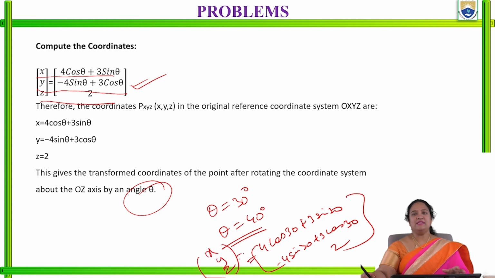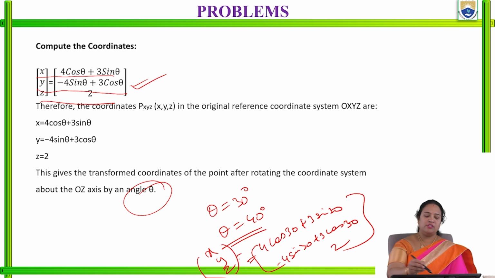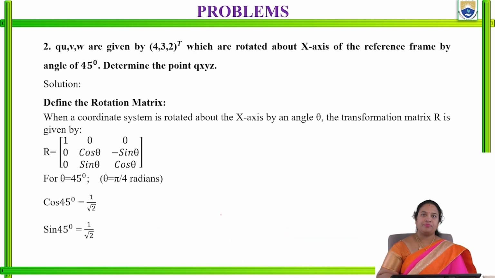Since the angle has not been given, we are just taking the angle theta about the axis OZ, and we have got the x, y, z coordinates. If the angle is given, that is, if the system is rotating about OZ by an angle of 30 or 40, then we substitute the theta value in the required equation and we get the final x, y, z value. Right? So this is how we solve this problem.